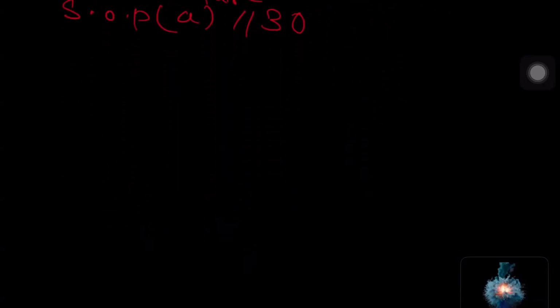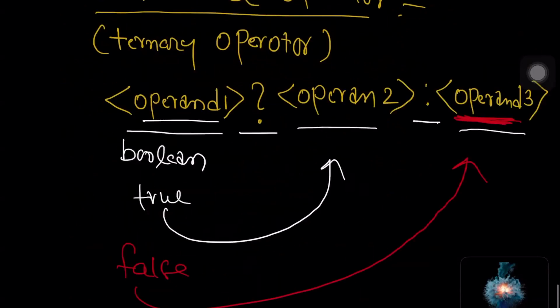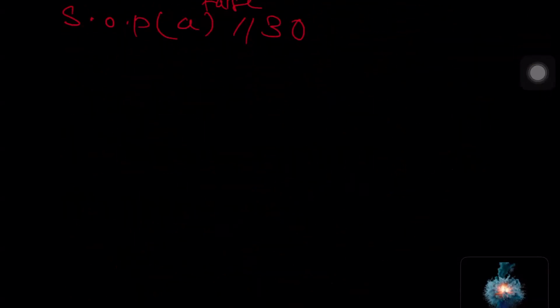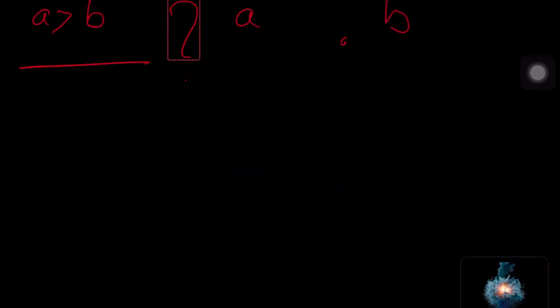So now the question is where we can use this ternary operator. The symbol of the ternary operator is the question mark and then the colon. Let's say you are checking whether A is greater than B, then return A, else return B. Now see the result.